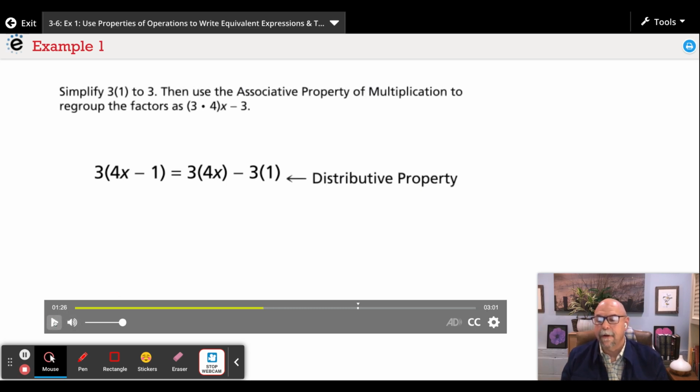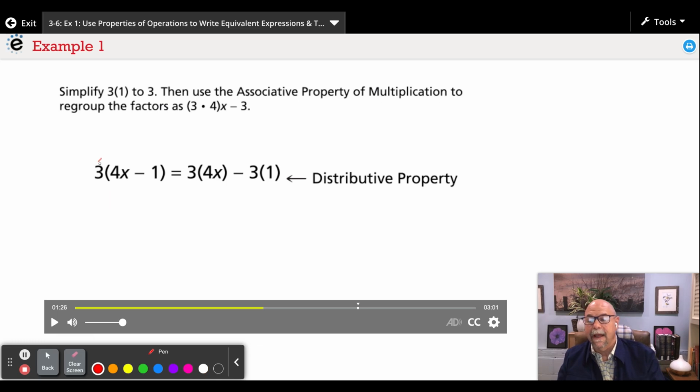All right, I'll stop it there because this is outside of knowing what those words are. And again, I know it's a lot, but once you know the associative property of multiplication to regroup, we're going to take 3 times, well, here's the original, right? And then they did the distributive property first. They took this 3 and they multiplied it by everything inside the set of parentheses.